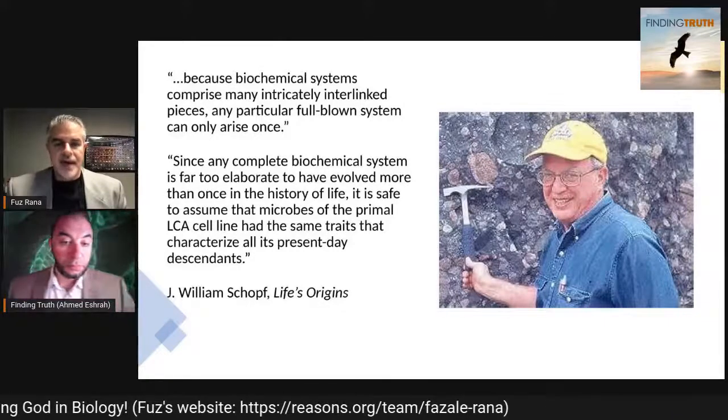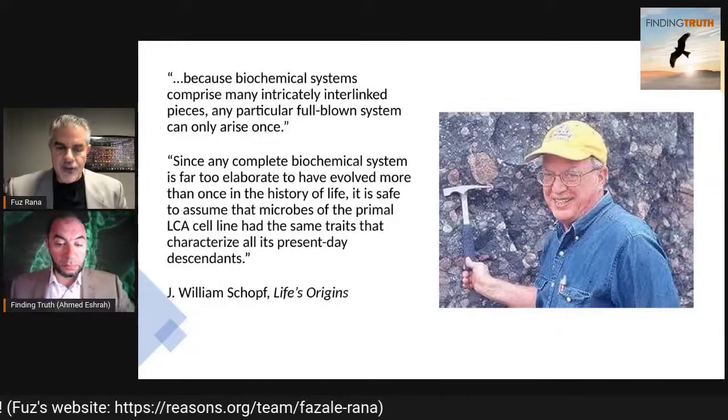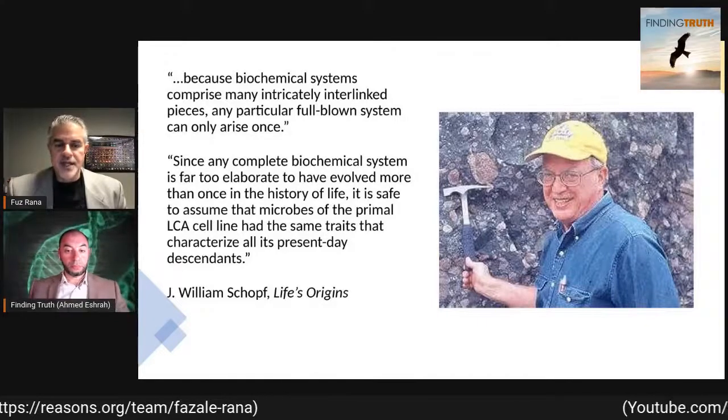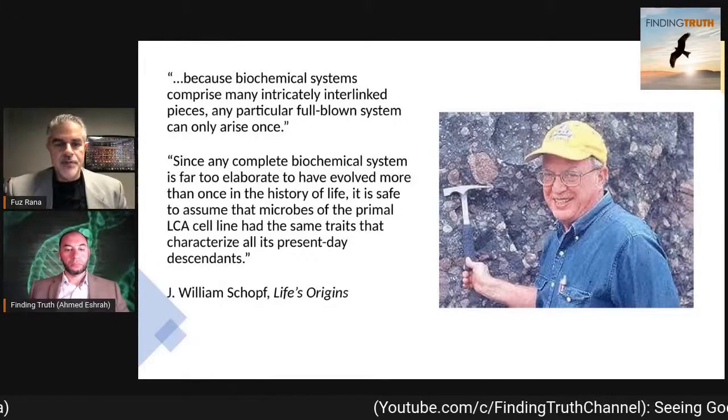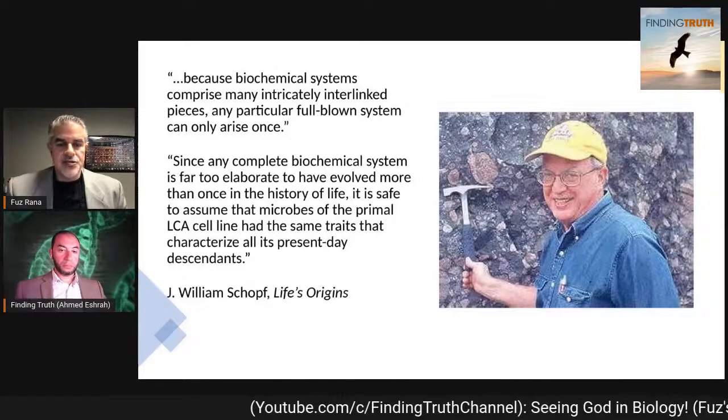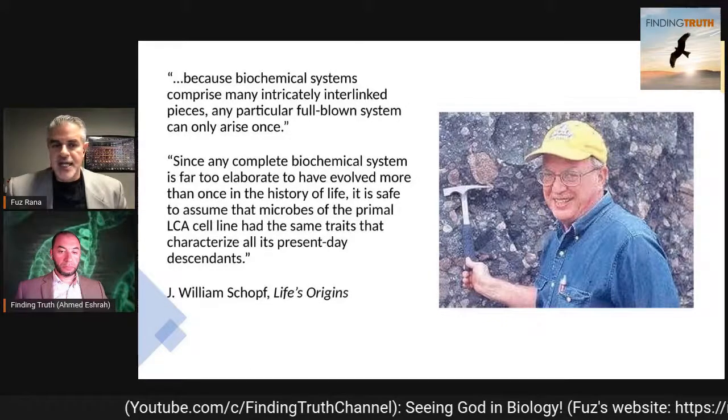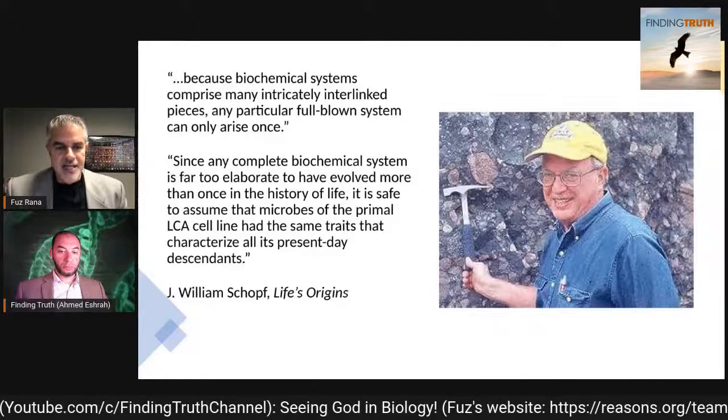Since any complete biochemical system is far too elaborate to have evolved more than once in the history of life, it is safe to assume that the microbes of the primal last common ancestral cell line had the same traits that characterize all its present-day descendants.